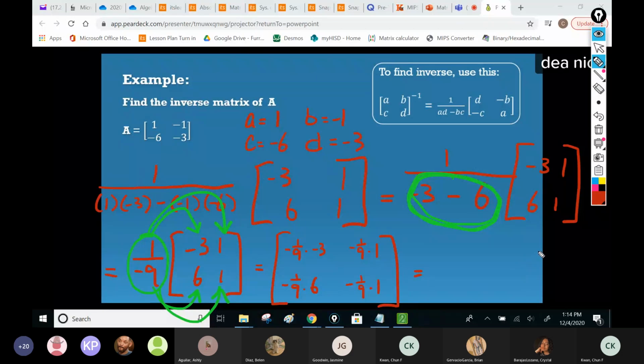So all the numbers need to multiply by this number right here, 1 over negative 9.